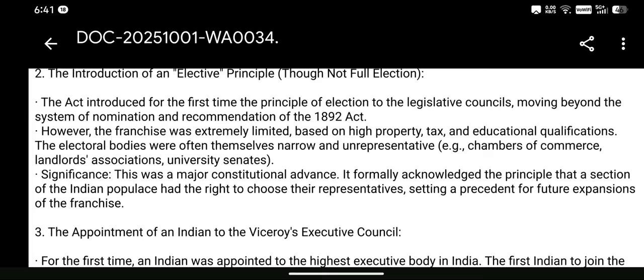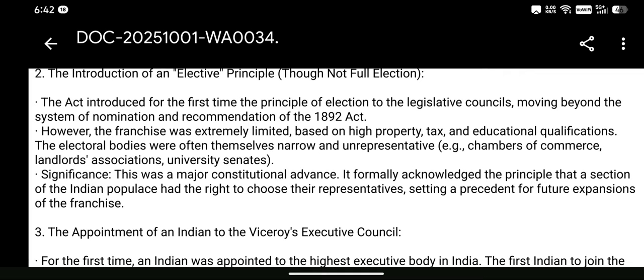The electoral bodies were often themselves narrow and unrepresentative, for example, chambers of commerce, landlords' associations, and university senates. Significance: this was a major constitutional advance.